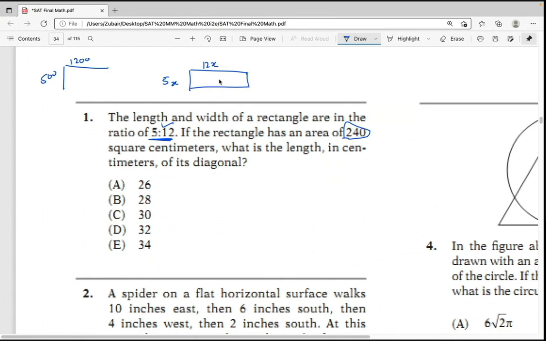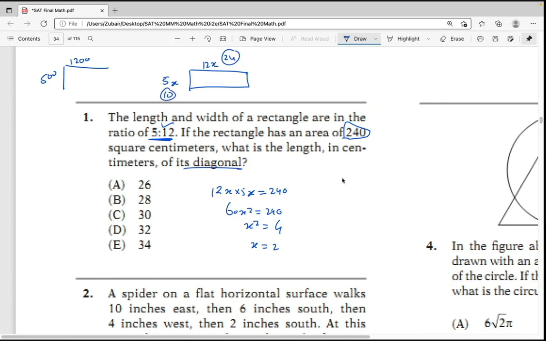So length into breadth, 12x into 5x is equal to 240. 12 into 5 is 60. 60x square equals 240. X square is equal to 4. X is equal to 2. So I now know that this is 10 and this is 24, the actual length.